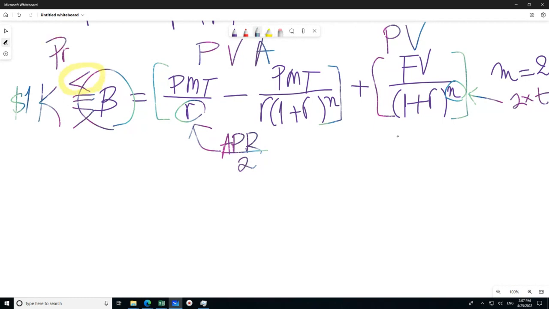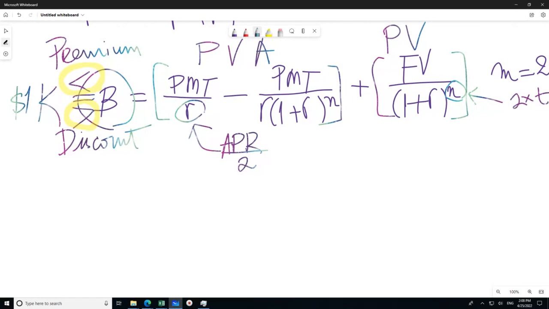And if the price is below par value, it's called a discount bond. But if the price is equal to $1,000, there's no special name; this is a par value bond. It's selling at par value.